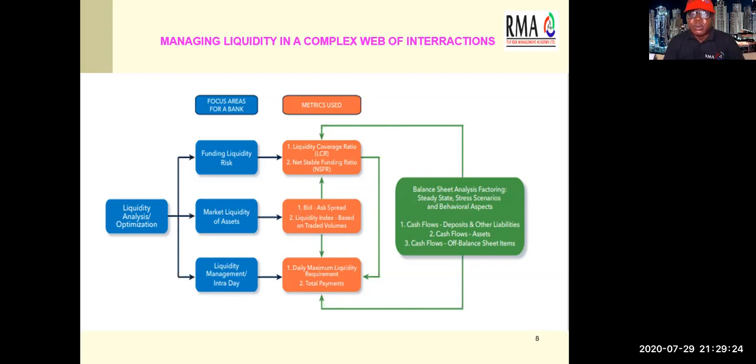They also need to conduct cash flow analysis in terms of deposits and other liabilities, and then cash flow analysis that covers assets, and cash flows that deal with the issue of off-balance sheet items. So managing liquidity under the Basel III can be quite complex, but it's doable.